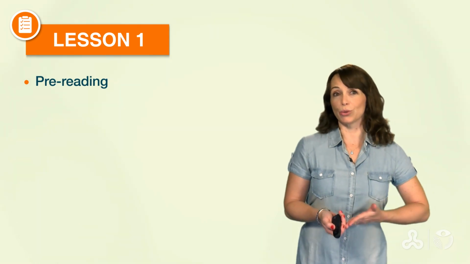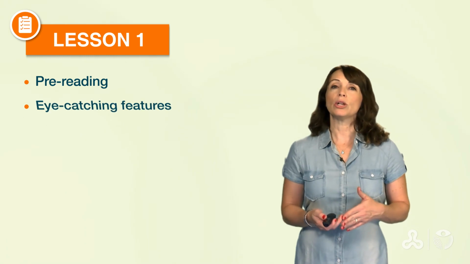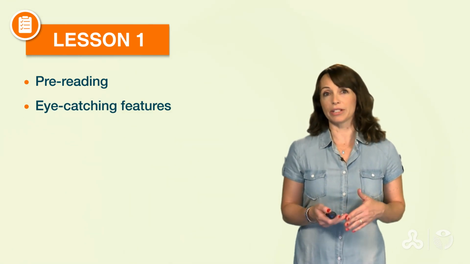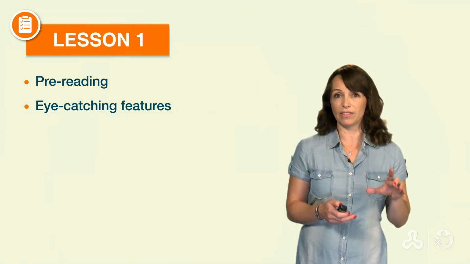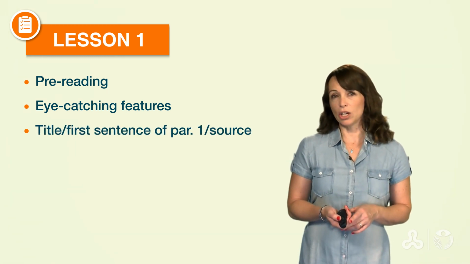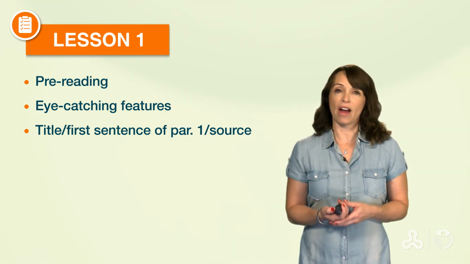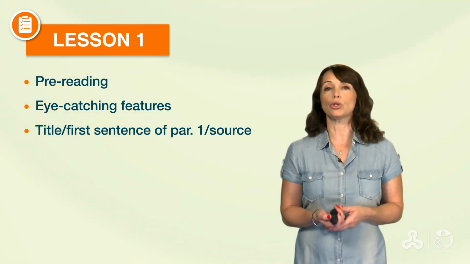Okay, now even more specifically, we're going to go to our first lesson, and at the beginning, as usual, we're going to be focusing on our pre-reading. We're going to be looking at the eye-catching features in our specific text. We're going to look at the title, the first sentence of paragraph 1 in this text, and we're going to look at the source.